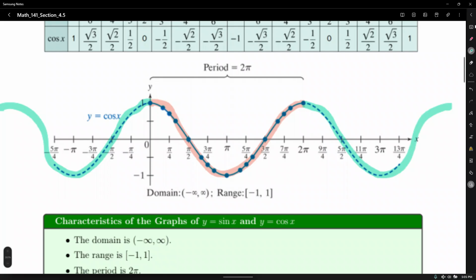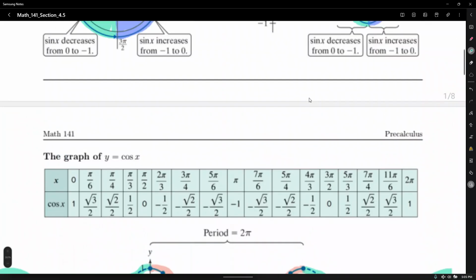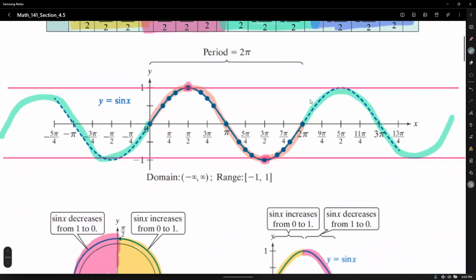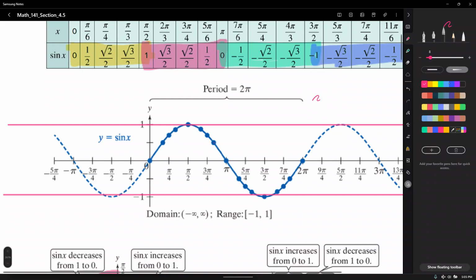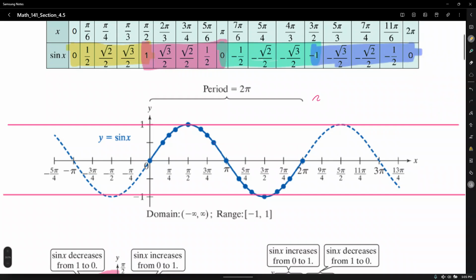Now, when it comes to graphing trigonometric functions, we're going to do this by means of key points. Let me use yellow for the key points.